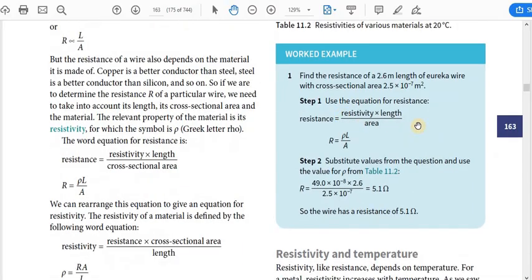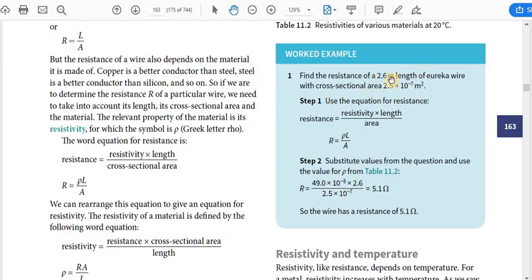Here is an example. Find the resistance of a 2.6 meter length of Eureka wire with cross-sectional area 2.5 × 10^-7 meter squared. So R equals rho L over A. We are using this equation. Very simple. Substitute the values. Length is 2.6 meters.